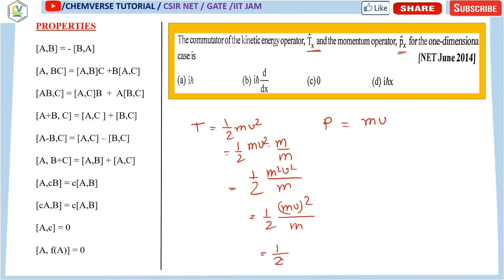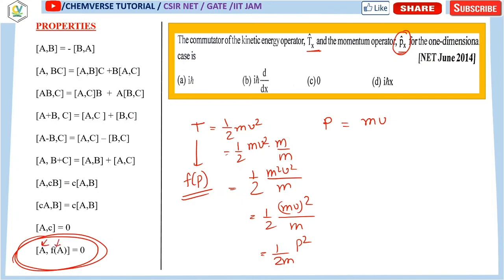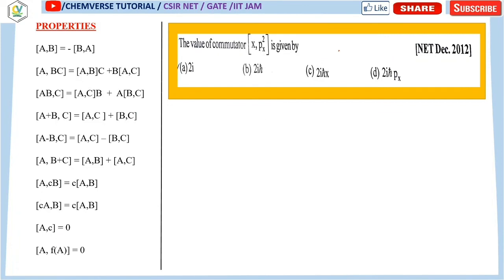So it is nothing but p squared by 2m. From this expression I can say that T is nothing but a function of p. So kinetic energy is a function of momentum. From this I can say that if operator A commutes with a function of A, the commutation value will be 0. So over here, without any calculation, I can say that 0 will be your answer. Clear? Fine.